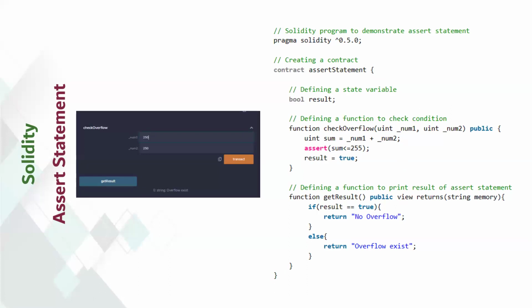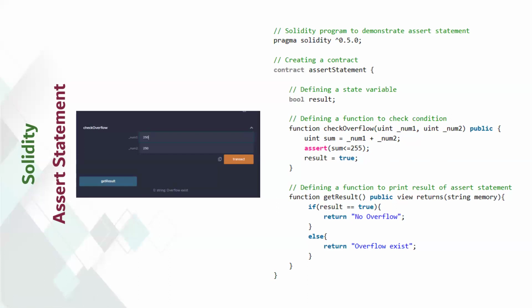Then it uses assert to check if the sum is less than or equal to 255. If the condition is not met, the contract execution will halt and any remaining gas will be refunded. About the function getResult, this function is a getter function that retrieves the result of the assert statement.